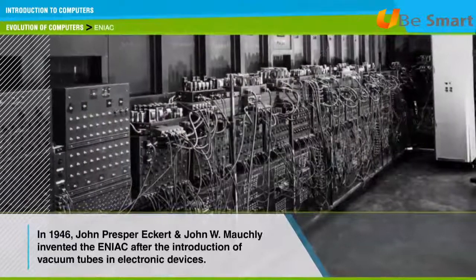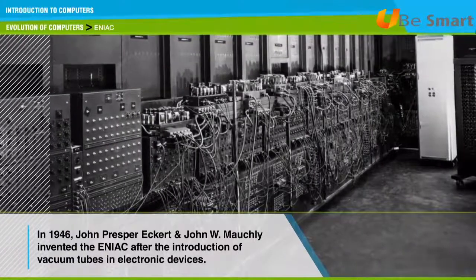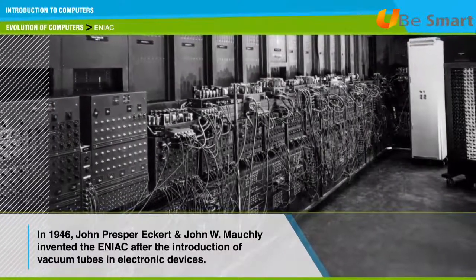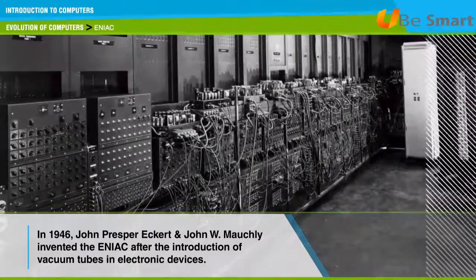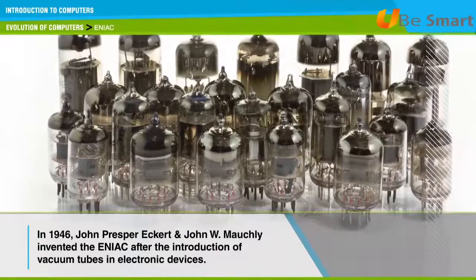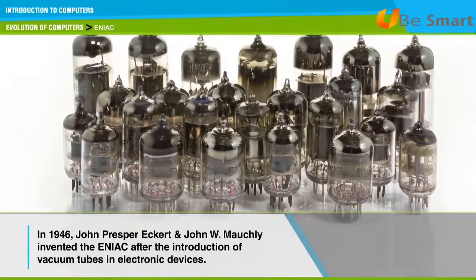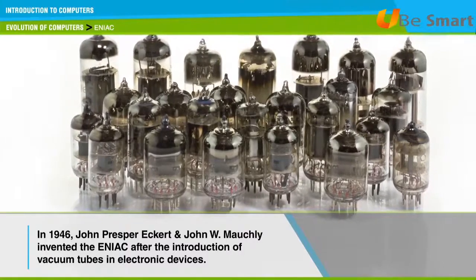In 1946, John Presper Eckert and John W. Moseley invented the ENIAC after the introduction of vacuum tubes in electronic devices. It used 20,000 vacuum tubes and needed 36 vacuum tubes to store a single digit of information.